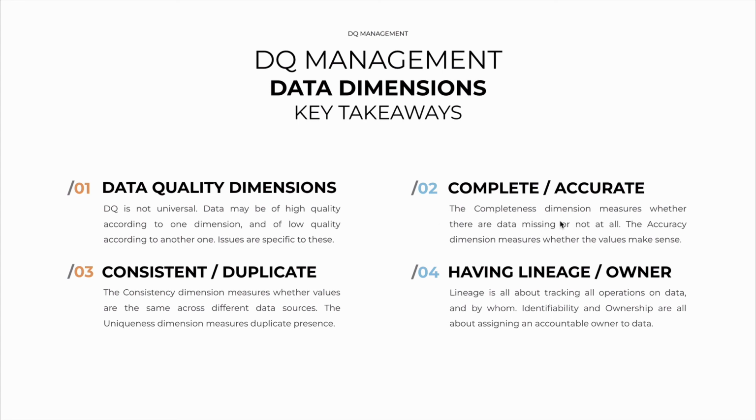Two of these are completeness and accuracy. The completeness dimension measures whether there are data missing or not, and how many. The accuracy dimension measures whether the values present make sense or not. Then, consistency and duplication. The consistency dimension measures whether the values that we have are the same across different data sources.